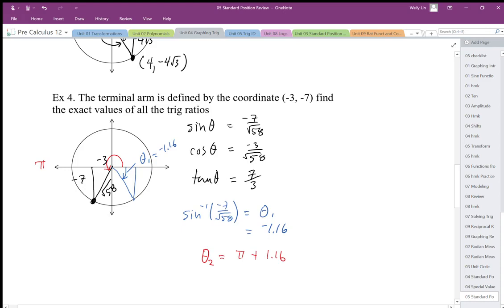The formula, by the way, is theta 2 is pi minus theta 1. Okay, well, that's going to be minus negative. Yeah, that's going to give us the exact same position. So that's going to be about 4.30 radians. Okay, so that's the angle that I'm looking for. So there's theta 2. That's the one I want, 4.30 radians.